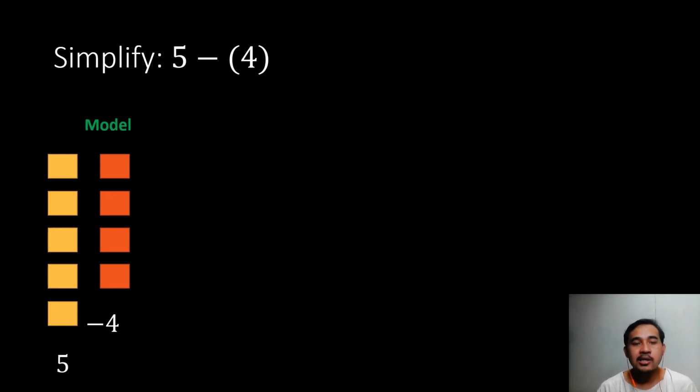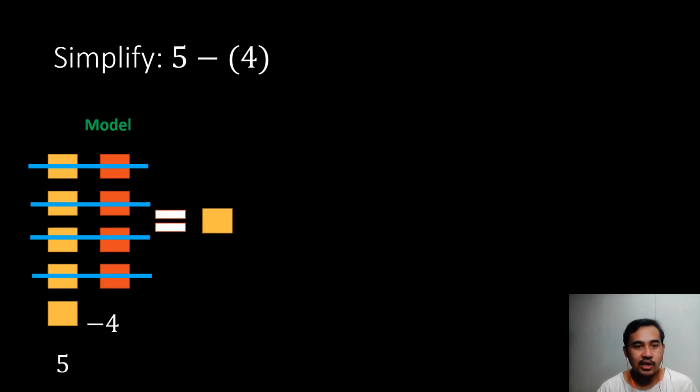Now, in subtracting, we proceed to addition. They are now unlike signs, or different signs, so we need to remove the pairs of positive and negative. Let's remove the first one, second, third, and fourth one. What remains is the answer, and the answer is 1.